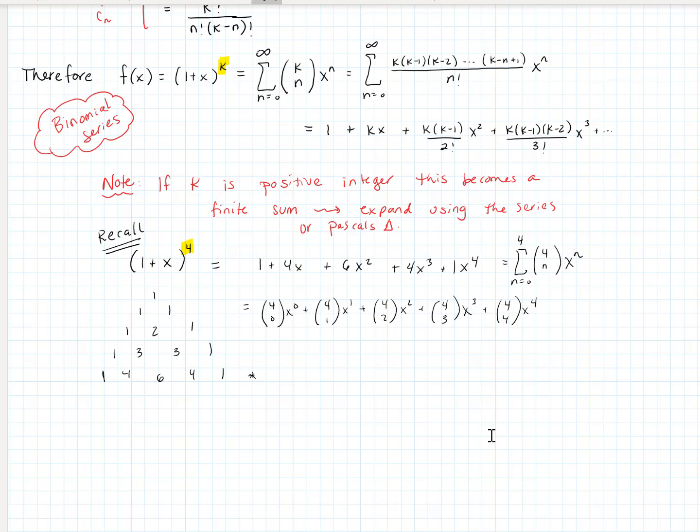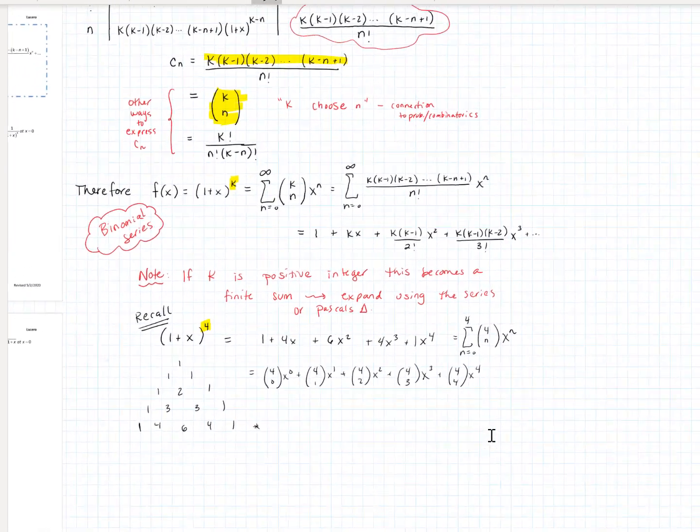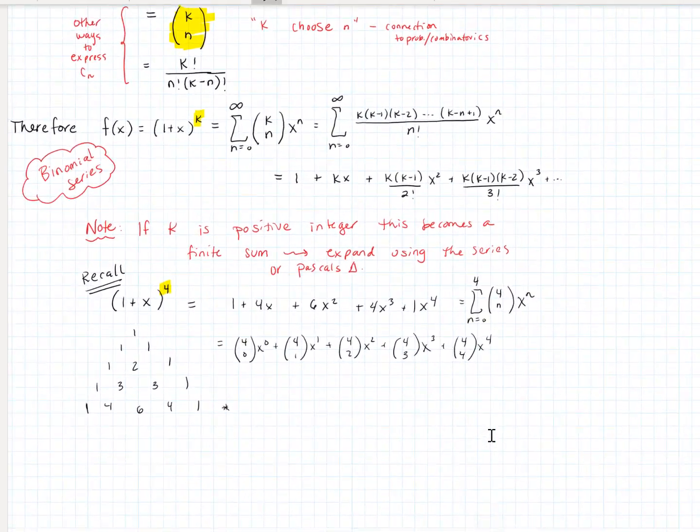Okay, so that was a little side tangent, but let's go ahead and hop back into when can we do this? When can I use this equality? What is the radius of convergence? So when can I make this claim that this binomial 1 plus x to the k is equal to this power series?